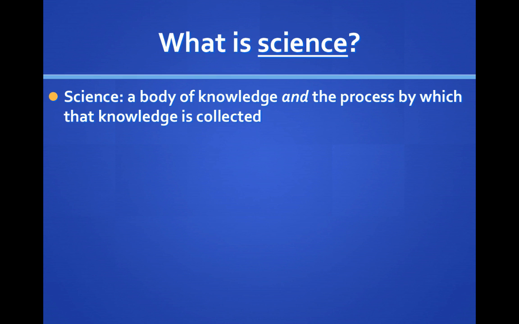So we define science as a body of established knowledge that's generated using the scientific method, which I'll discuss in a second. So it's important to recognize that science refers to the process by which knowledge is generated and not a specific area of knowledge, like the biological or physical sciences.